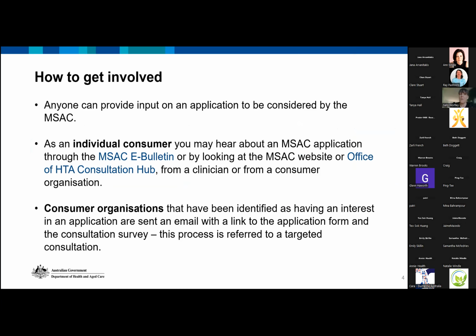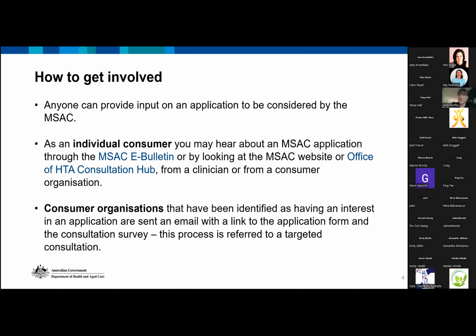So as I said, anyone can provide input on an application to be considered by MSAC. So as an individual consumer, you may hear about an MSAC application through the MSAC e-bulletin, or by looking at the MSAC website, or through the Office of HTA Consultation Hub. You may also hear about it from a clinician or from a consumer organisation.